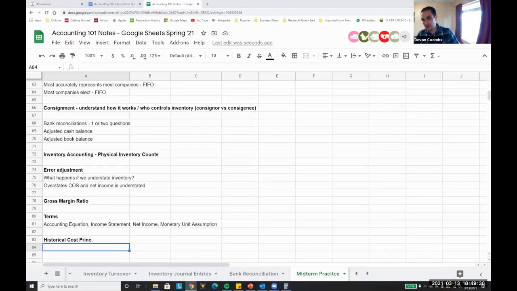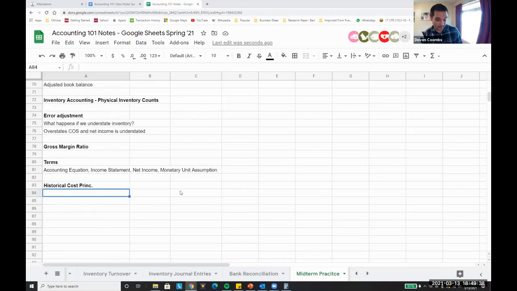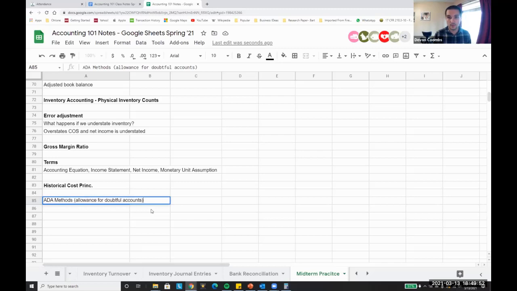Again, I'm going to be asking interest a few times to calculate the prorated interest. And I'm going to be asking you about the different allowance methods we talked about today. So accounts receivable allowance methods, or allowance for doubtful accounts methods. What are the methods?